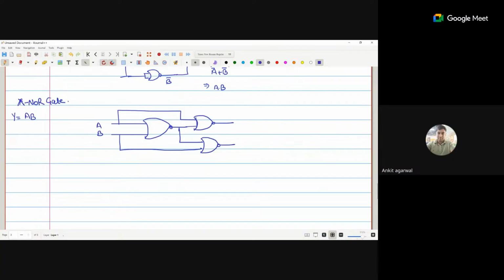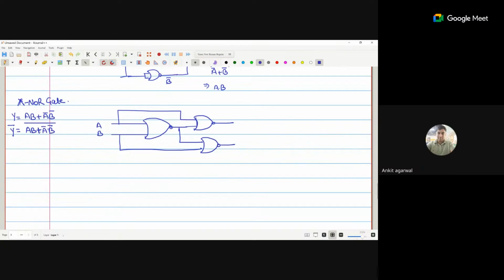Y is AB plus A bar B bar. So Y bar is A bar plus B bar dot A plus B. So Y bar is AB plus A bar B bar whole bar.